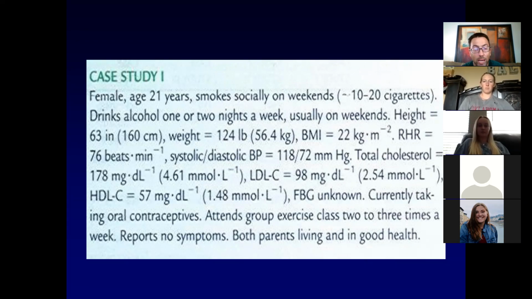Do we think we have enough information to know if she's sedentary or not? We said she wasn't because she has group exercise class 2 to 3 times, and usually an exercise class is around an hour, and it's usually more intense than just walking. Yes, that's what I would go with on all of that. But I hope that highlights to you guys, again, that the specificity of the information that is given in the questions that we ask needs to be a little better.